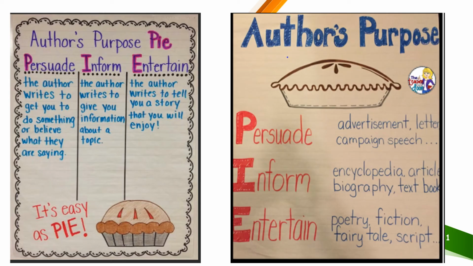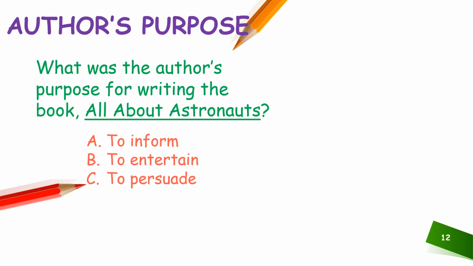So now that we read a chunk of our text, review what author's purpose is, PIE: persuade, inform, entertain, and read what it says underneath each of those. Then we're going to ask our question. The question is, what was the author's purpose for writing the book all about astronauts?